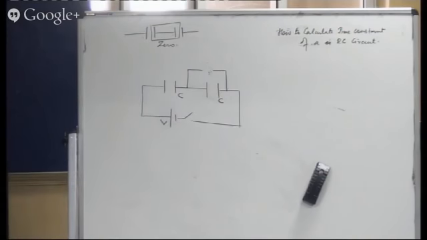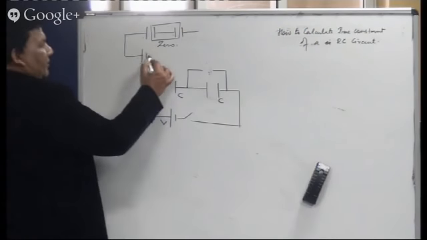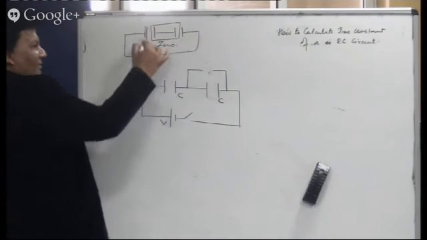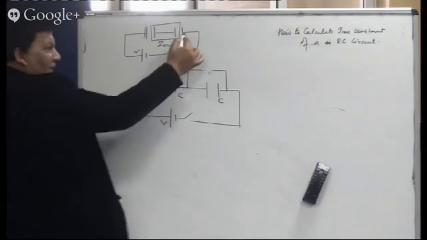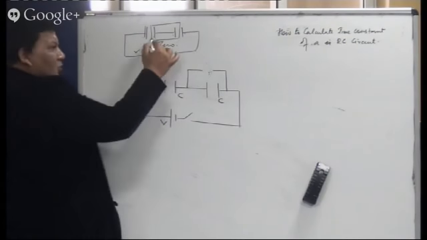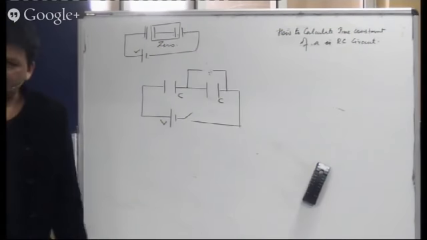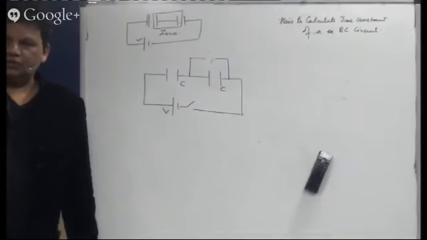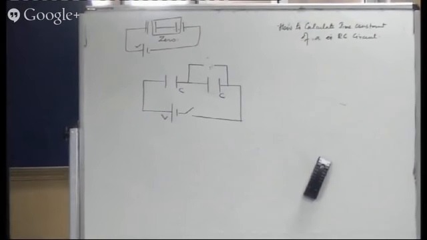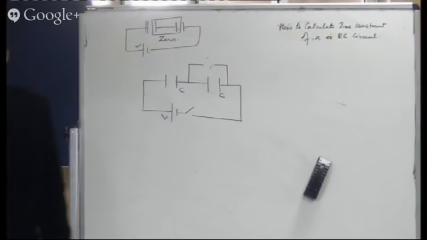This is called an isolated system. Why are they isolated? Because when you connect this through a battery, this plate can have a charge from here. This plate can have a charge from here. But the net charge on these two plates has to remain constant. And if they are in series, this charge has to be 0. याद रहेगा ये? Note कर लीजिए इसको. Capacitors in series, the net charge on the isolated system is going to be 0.